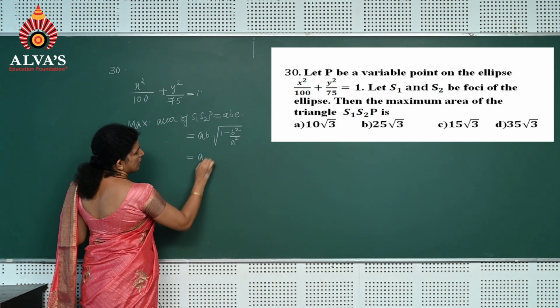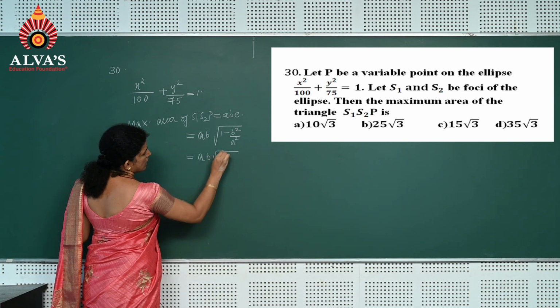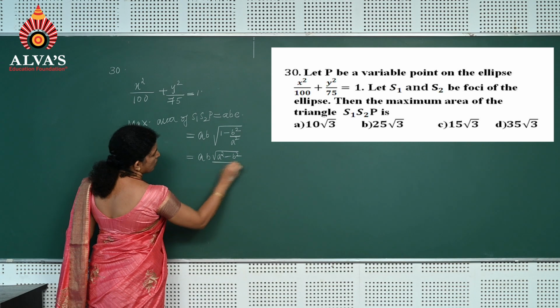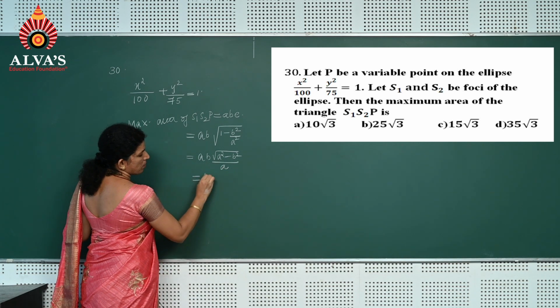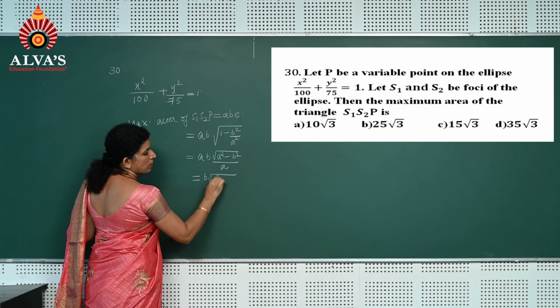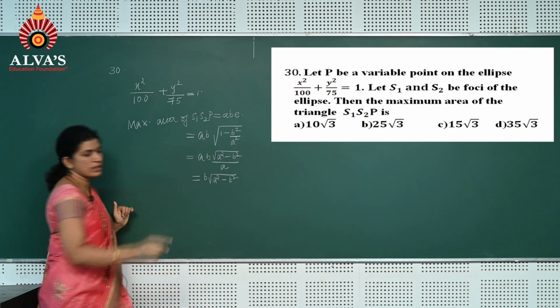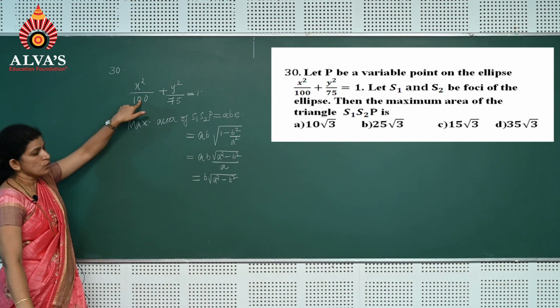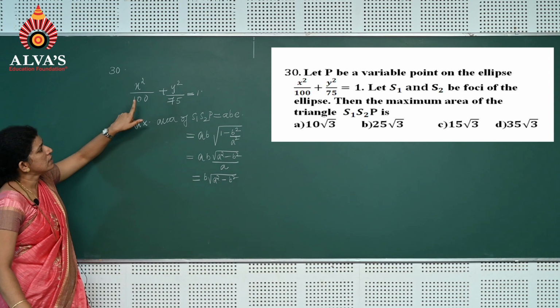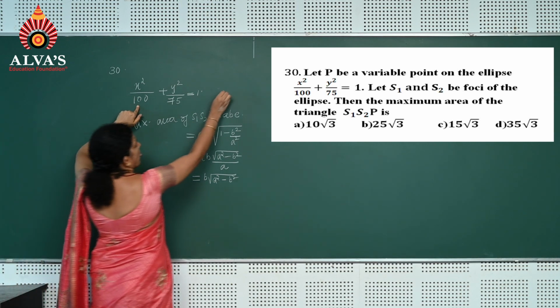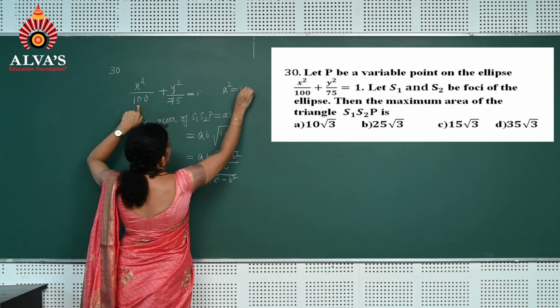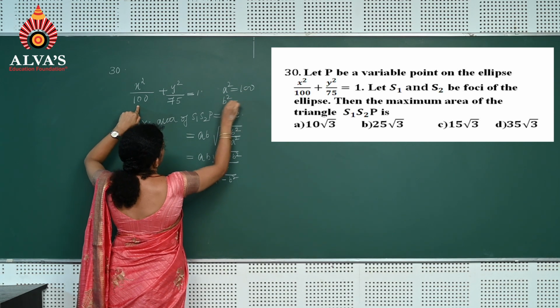Simplify this one, a b root of a square minus b square divided by a. So maximum area is nothing but b into root of a square minus b square. Come to the equation of the ellipse. See, a square is 100 and b square equal to 75.